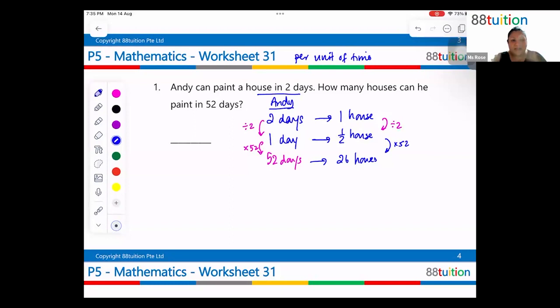If you do it systematically this way, you can check whether you made a calculation error, a misread error, or a transfer error, and backtrack your steps. So I would encourage you to avoid that one-step working, unless you're very sure. So this would be 26 houses.